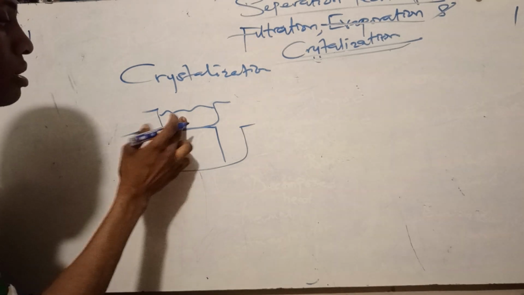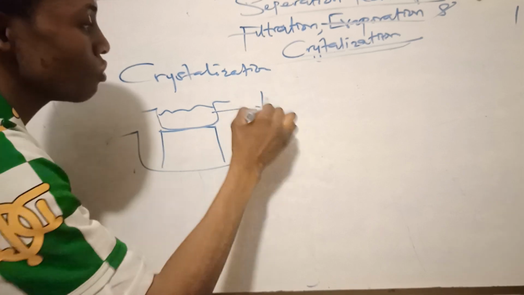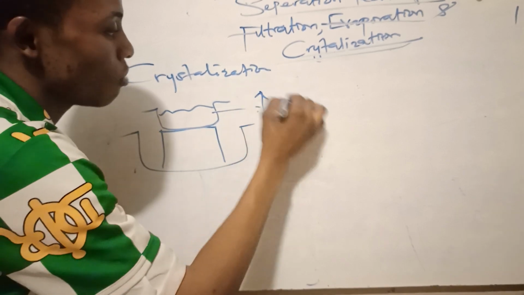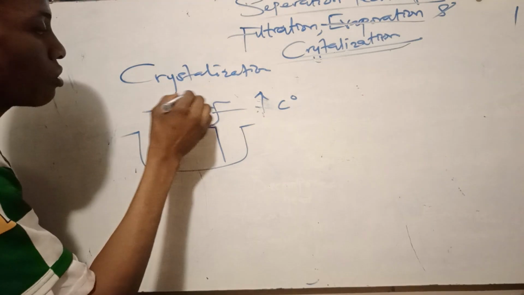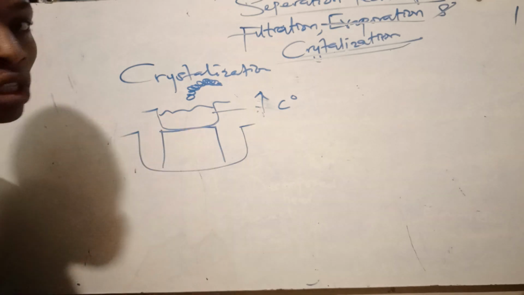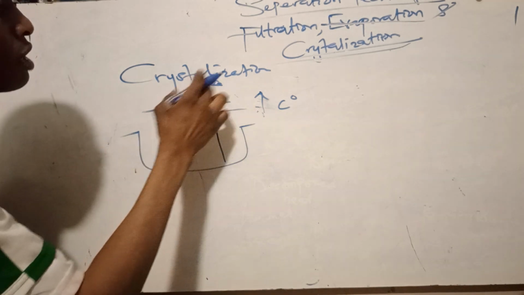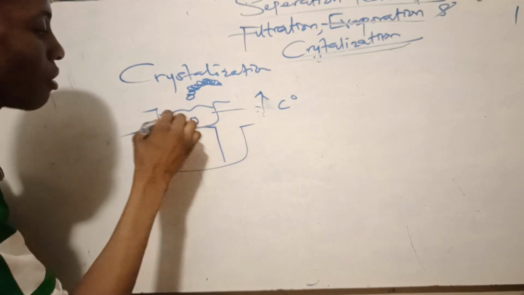As the temperature of the solution is rising, what will happen? It turns out that the solvent will evaporate, turn into vapor and leave the solution. So when the solvent leaves the solution, you will see some crystals of what?